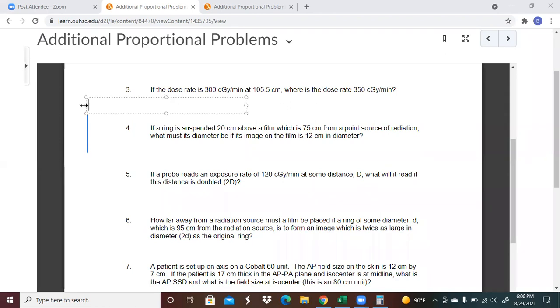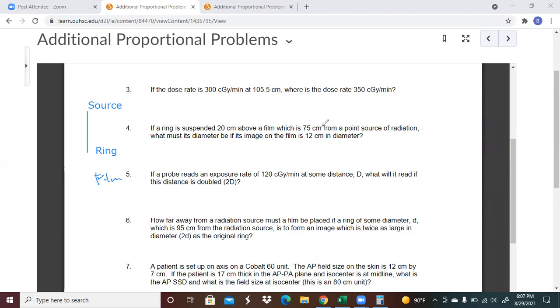I'm going to go ahead and put this in source, and then we've got the ring. Now, the distance from the source to the ring here, and then we also have the film, which is down here.